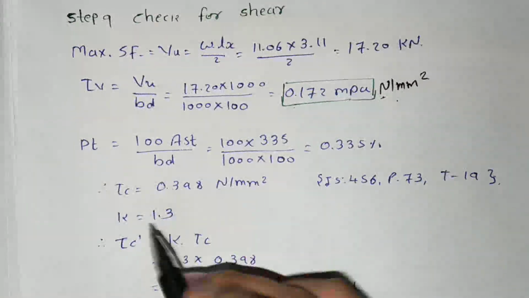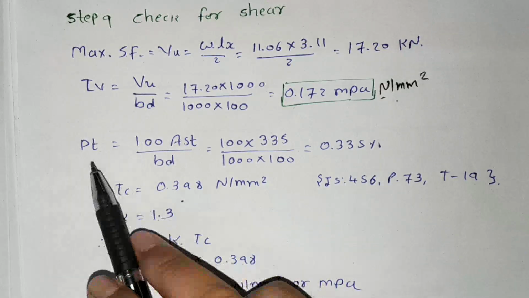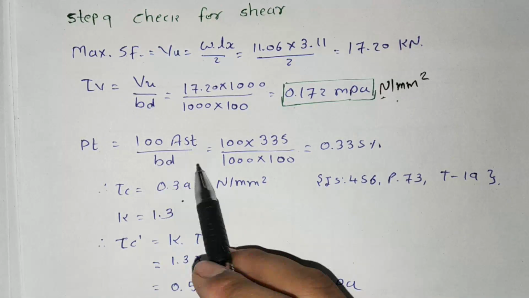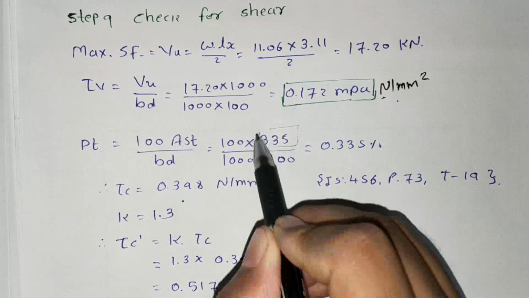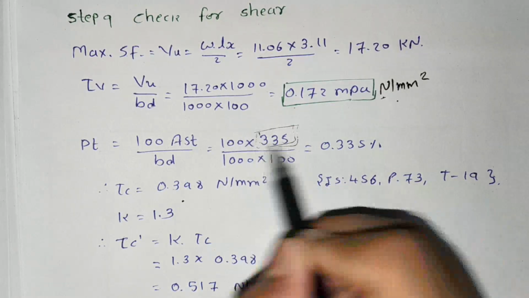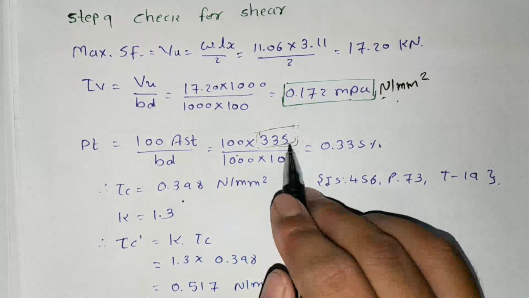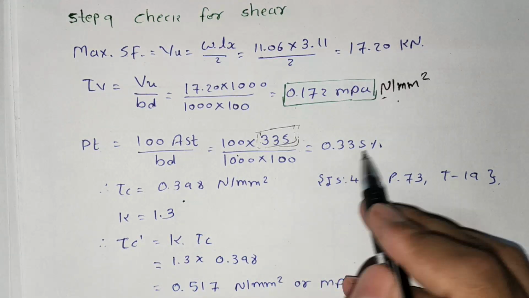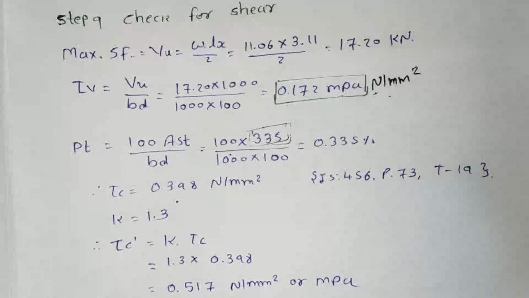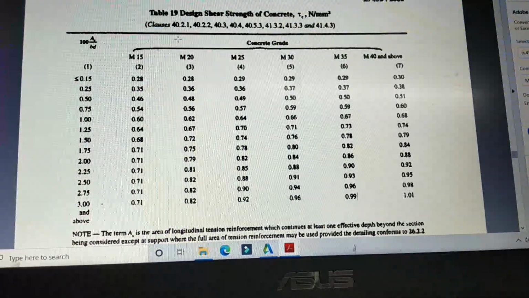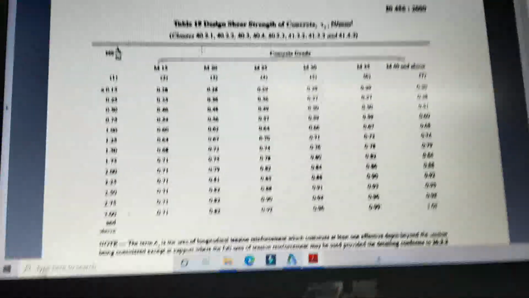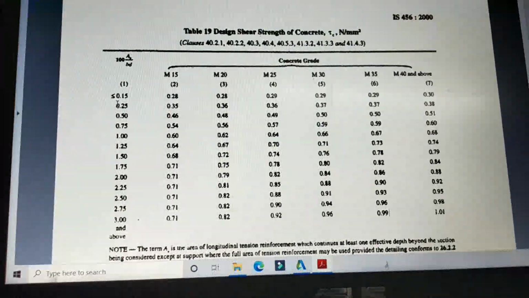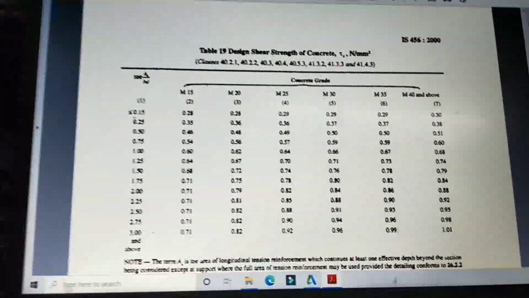Now for the tau C part, we have to calculate PT. PT is 100 AST upon BD. This is the maximum area of steel which we are providing. 100 into 335 divided by 1000, and depth will be 100. We got 0.335%. For the calculation of design shear strength of concrete, we have to calculate at 0.335.